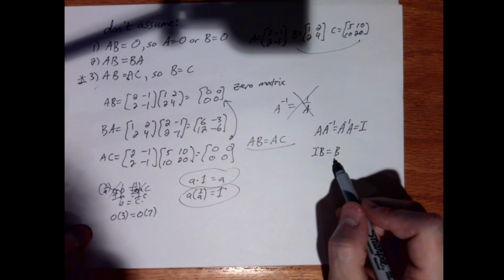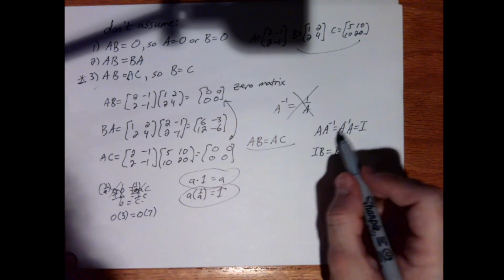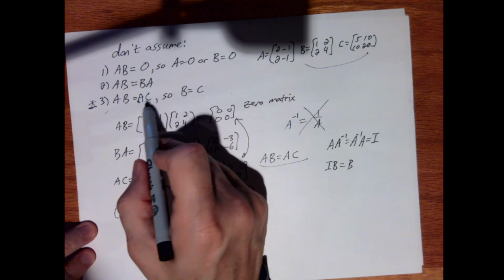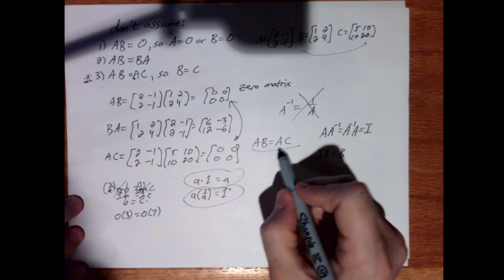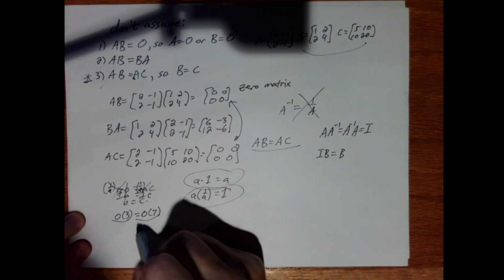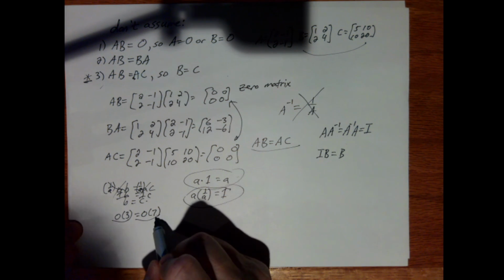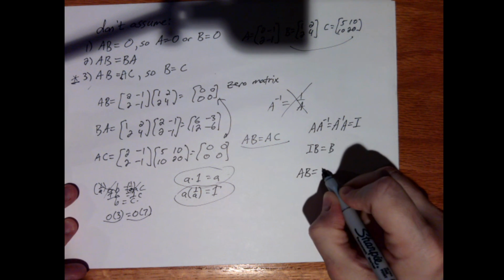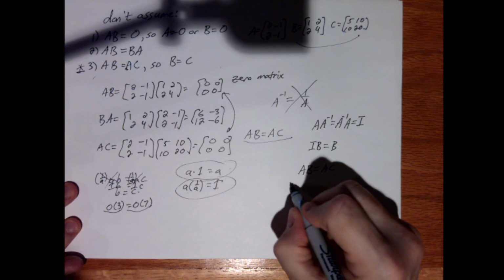So if we're really applying the same rules to go from AB equals AC down to B equals C, why is B not equal to C? For the same reason these two aren't really the same. 3 is not equal to 7. This particular A does not have an inverse. Therefore, I can't do this. If A had an inverse, then I could do this.